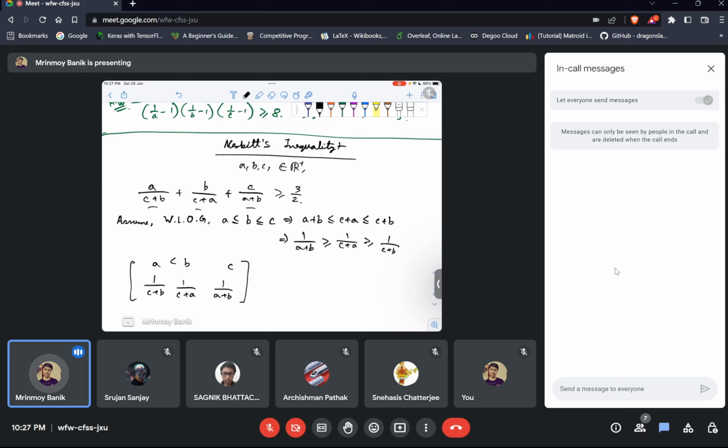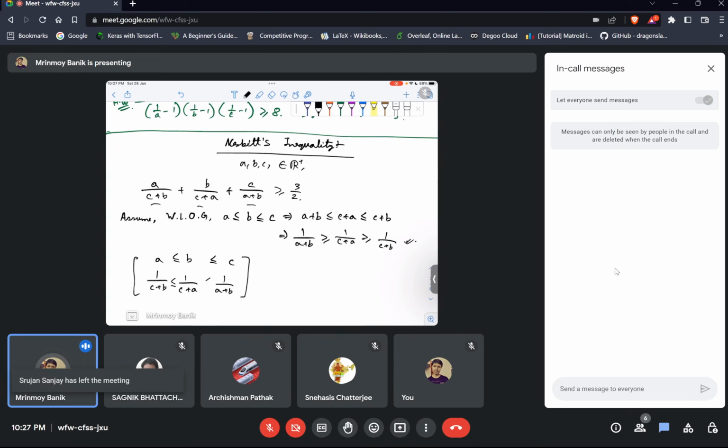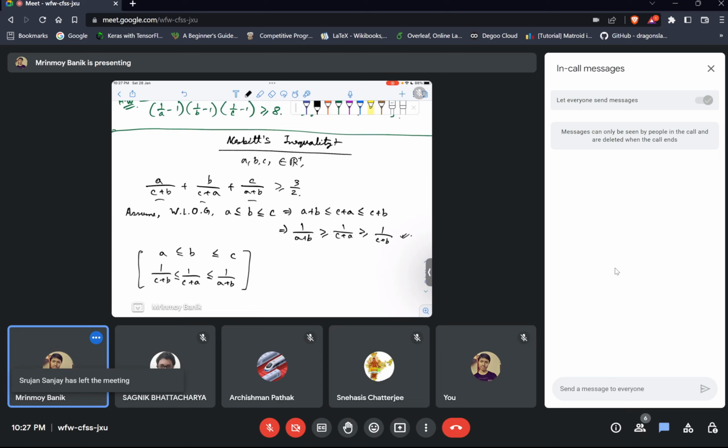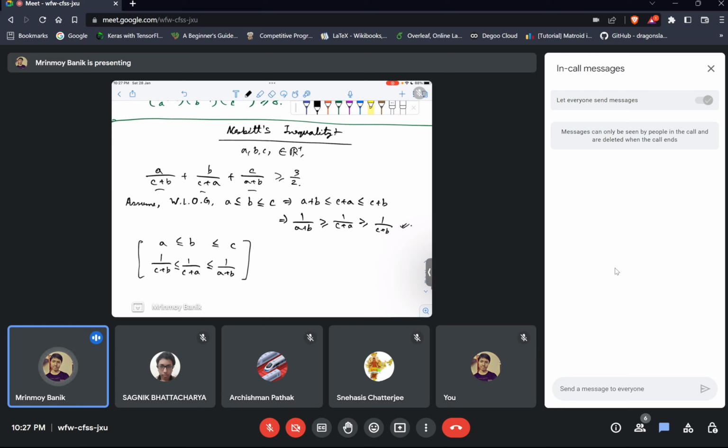So from our assumption, we have a less than or equal to b less than or equal to c. And from what we just showed, we have this less than or equal to this less than or equal to 1 by a plus b. So this is the ideal. Both the orders are the same, so this is the maximum out of any other permutations.